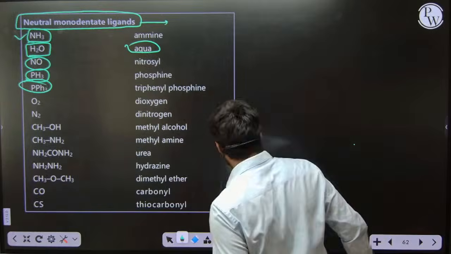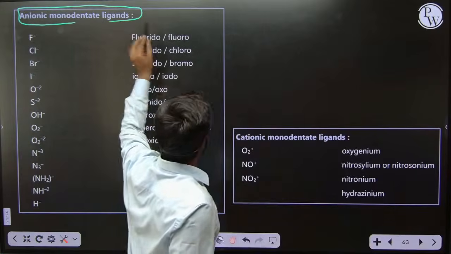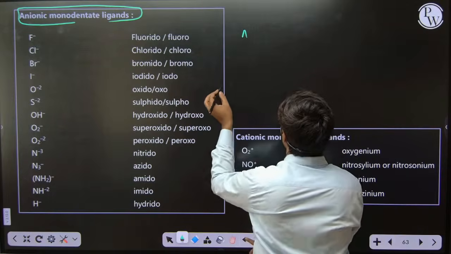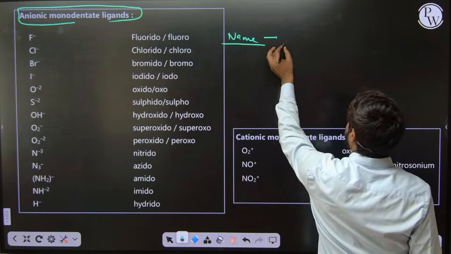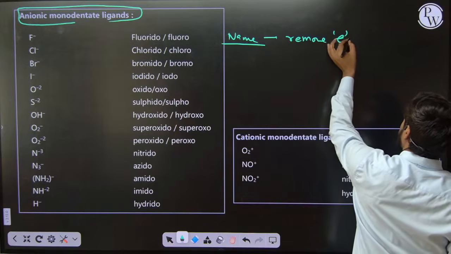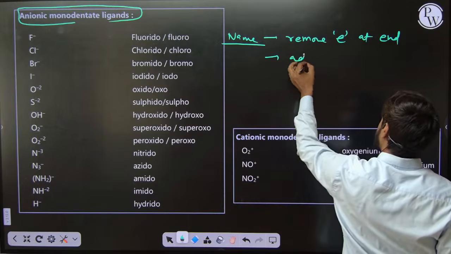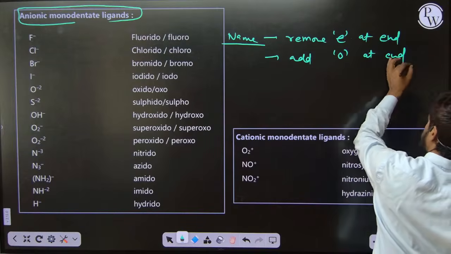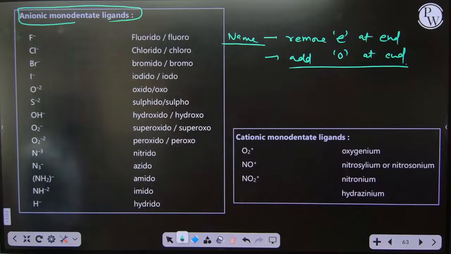And next, anionic monodentate ligands. Anionic monodentate ligands are named by first removing the E at the end and adding O at the end of the name of the ligand.